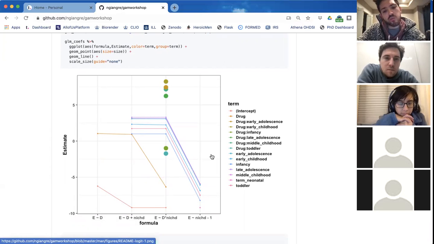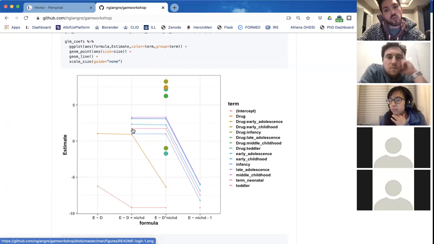And it's not a very pretty graph, but it just shows that the model on the left has two coefficients, with the drug and the intercept, and then when you add the drug reporting with the stages of development, you have not just two, but you have seven more, these other dots here, representing the risk of that event happening at the individual stages.